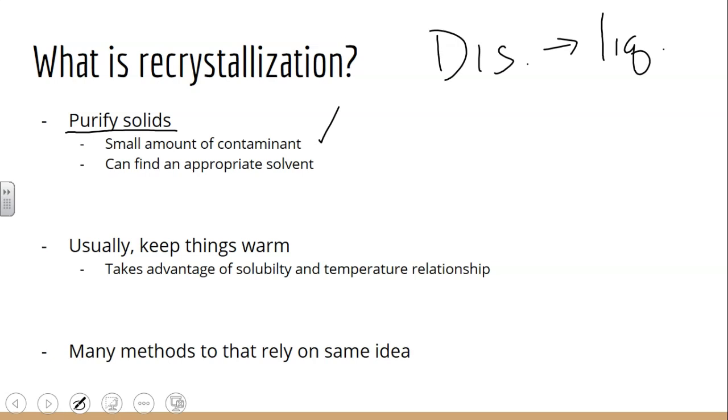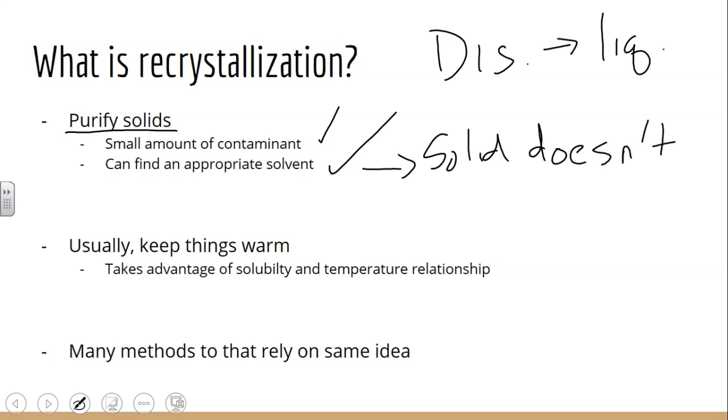The other thing that you have to do, which can be tricky when you're not doing one of these that are canned like in a lab, is you have to find an appropriate solvent. An appropriate solvent is one where the solid doesn't dissolve at room temperature. Okay, so when the solvent is at room temperature, the solid doesn't dissolve.